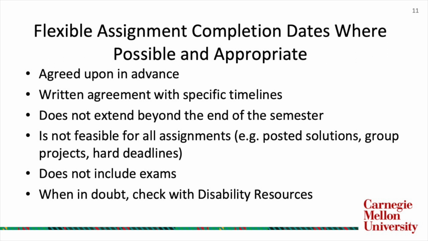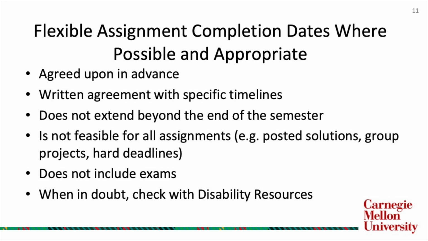But if we are doing flexible assignment dates, it's very, very important that the amount of flexibility be agreed upon in advance for each assignment and that agreement be in writing with specific timelines.